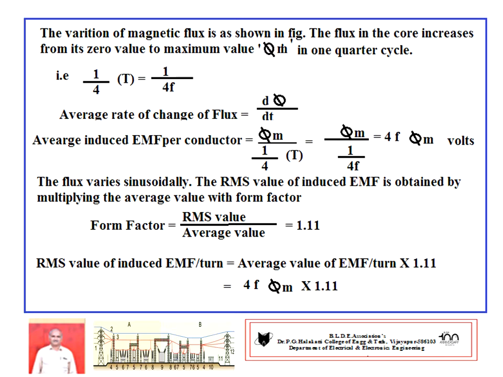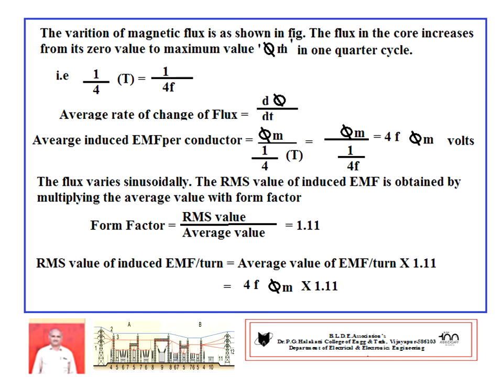So this becomes 4f times phi m volts. As per Faraday's laws of electromagnetic induction, average rate of change of flux linking a conductor means average induced EMF per conductor. So we write: average induced EMF per conductor is equal to 4 times f phi m volts.